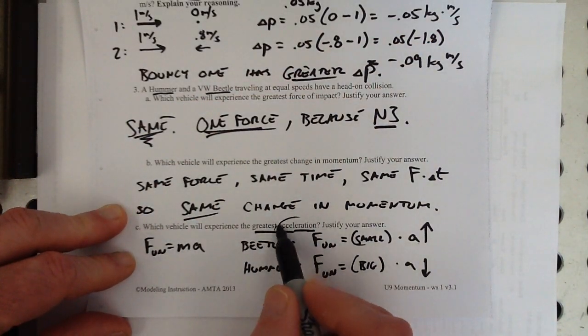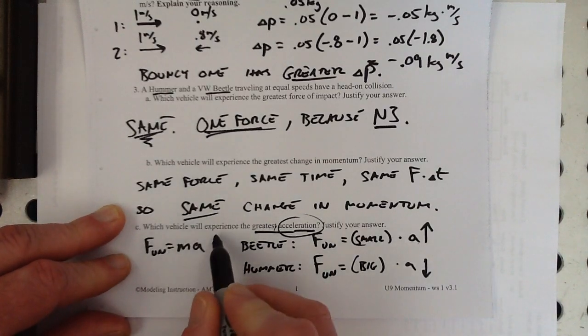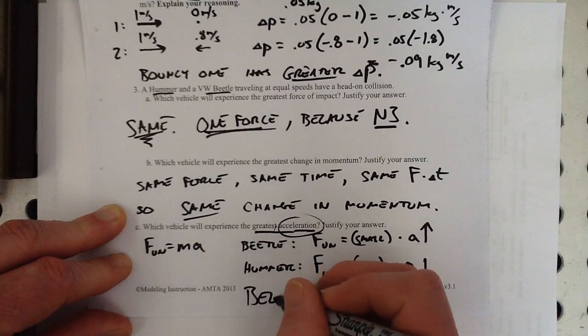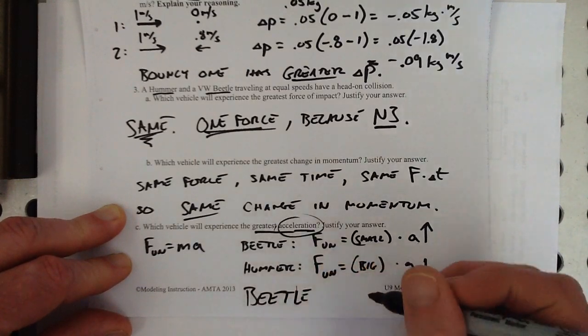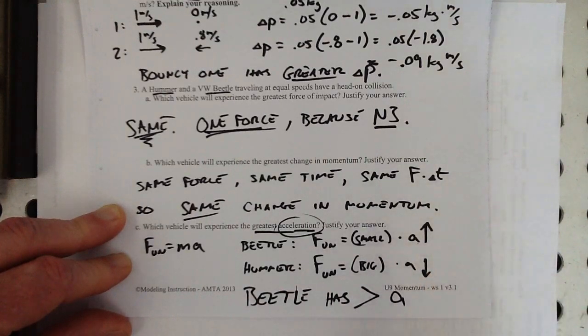The acceleration is different, right? Because of that mass times acceleration. So which vehicle will experience the greatest acceleration? The Beetle. The Beetle has greater acceleration.